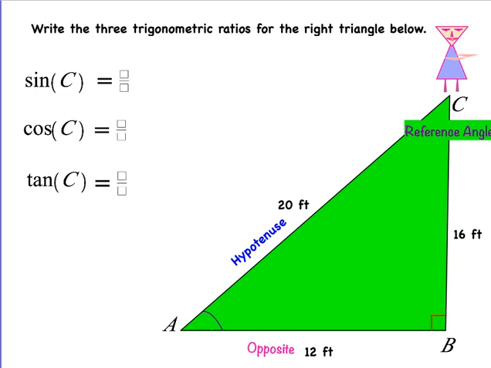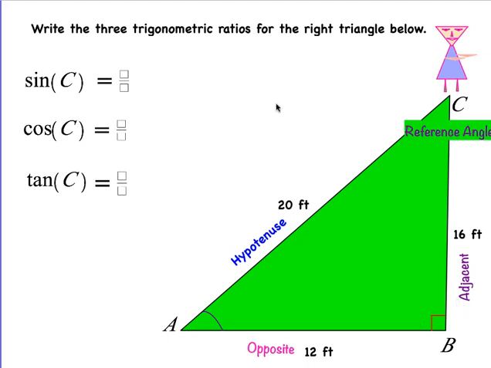And the adjacent side would be our 16 feet. And you might wonder, does it matter? Well, it does matter because our trigonometric functions are ratios of these three sides.